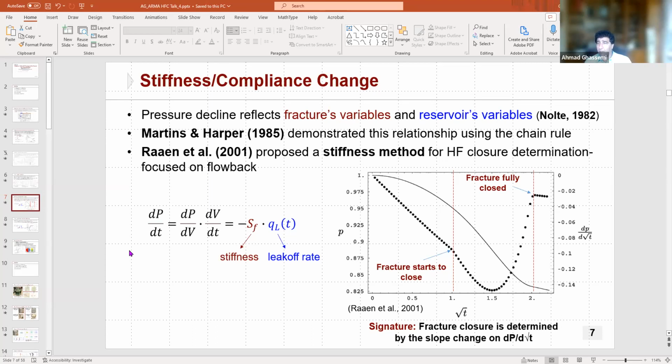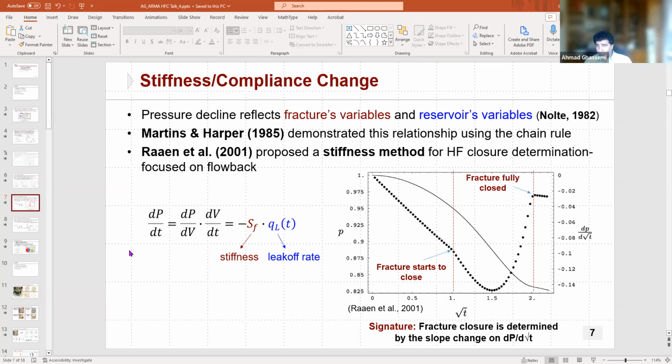They proposed a change in the stiffness as a point where the closure can be determined, and they wrote the expression for pressure change with time, not G time, but just time, and related that to the stiffness and volume change, essentially leak off and the fracture stiffness.